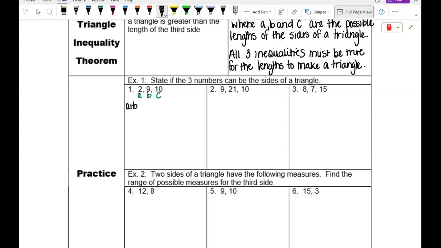So A plus B has to be greater than C. B plus C has to be greater than A. And A plus C has to be greater than B. If we can make three true statements here, then we can say, yes, these can be the side lengths of a triangle. If one of the statements is not true, then these cannot be the side lengths of a triangle.